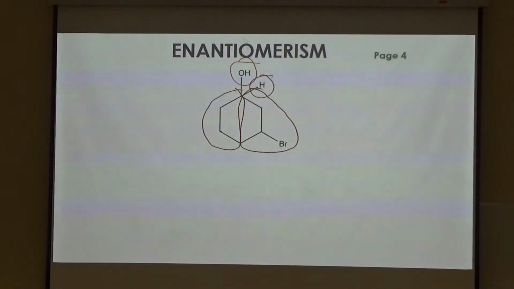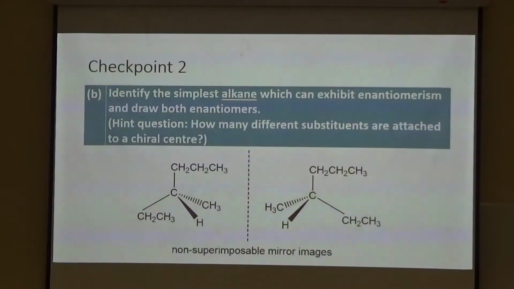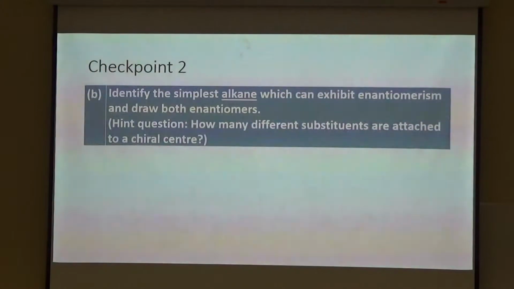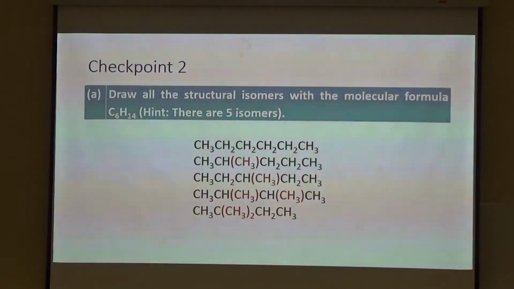What carbon, what 7 carbon? Checkpoint 2, why? 7. 1, 2, 3, 4, 5, 6, 7. What is mine? C6H14. So it should only be the correct one. 1, 2. No, this one. 1, 2, 3.